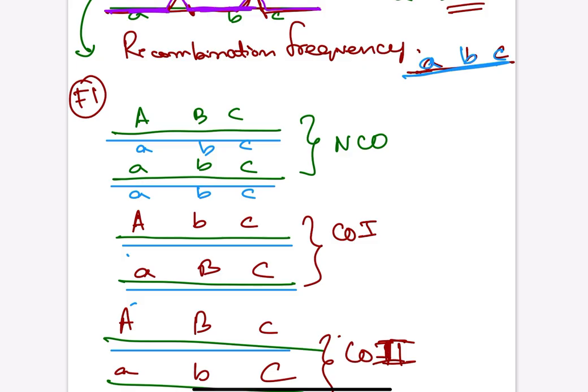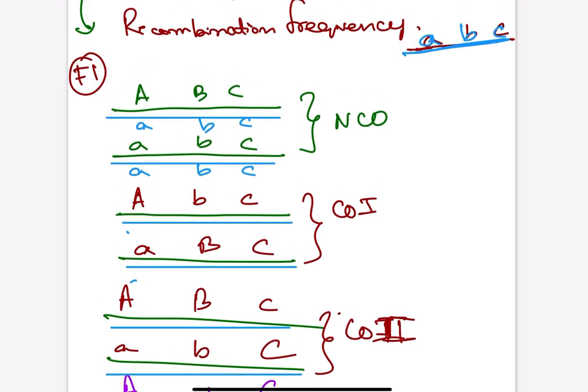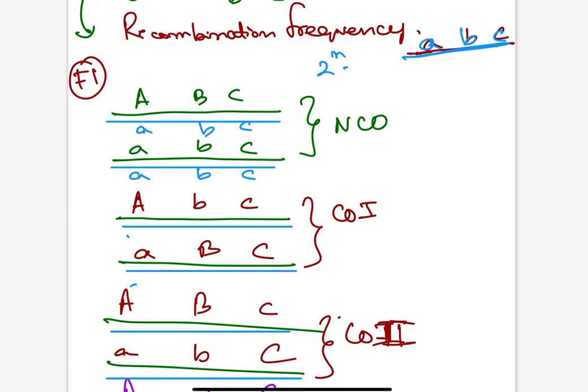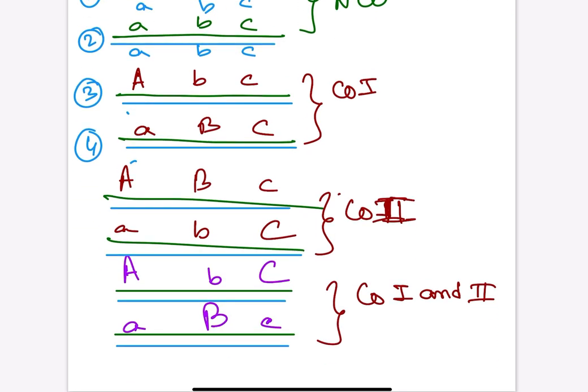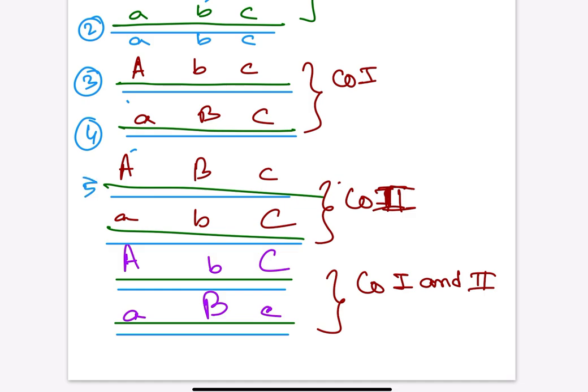So now suppose a scientist goes to the field and does a 3-point cross and observes these types. Well, how many types? As I said, the formula was 2 to the power n, 2 to the power 3 genes, and the number of possible types is 8. See, 1, 2, 3, 4, 5, 6, 7, 8.